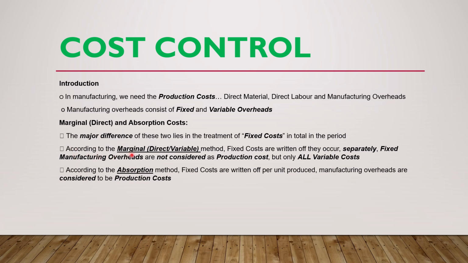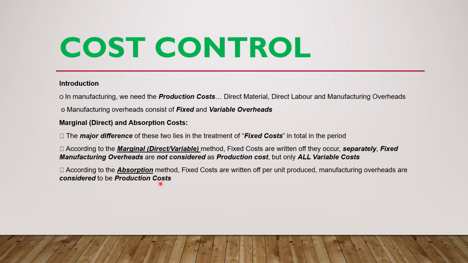that according to the marginal or direct or variable method, fixed costs are written off as they occur, separately. Fixed manufacturing overheads are not considered as production cost, but only variable costs are considered as part of production cost. But in the absorption method, fixed costs are written off per unit produced. That means manufacturing overheads are considered to be production costs.